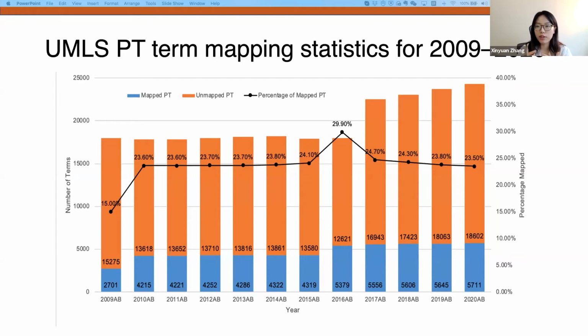And before the 2016 release, there was no LLT mapping in UMLS. So we can see an increase in the total number of terms since 2016. However, the percentage of the terms that are being mapped has been slowly decreasing, which shows the need to develop more mapping relationships between terms.